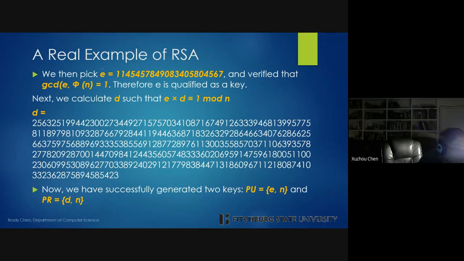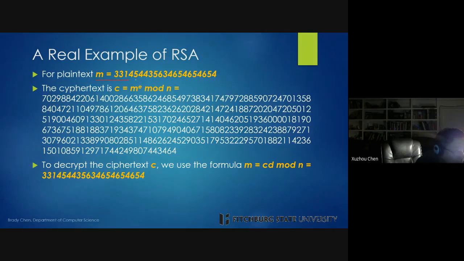So when you have E and D, and you have M, so M to the E modular N, what you can do is calculate this M to the E modular N. Then M is smaller than N, so you can use M squared, E divided by 2, modular N. You can use all these tricks.